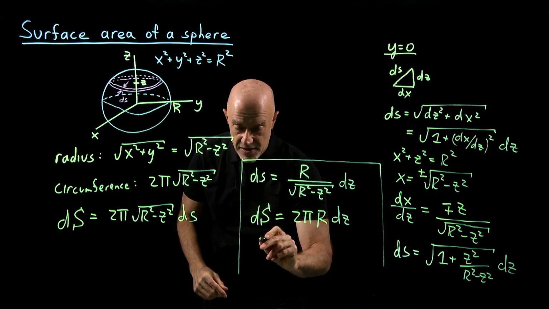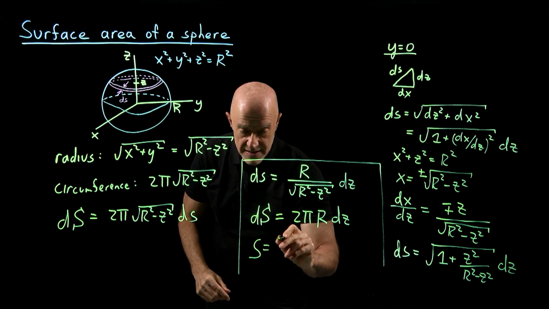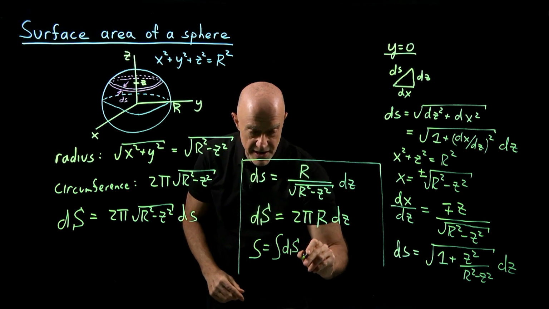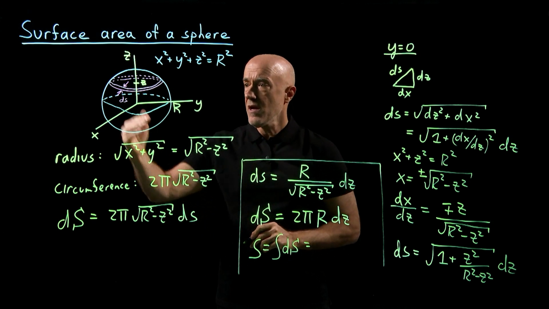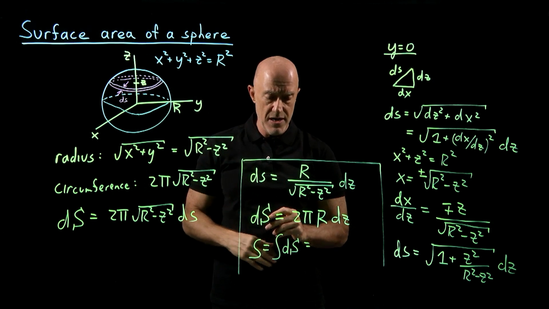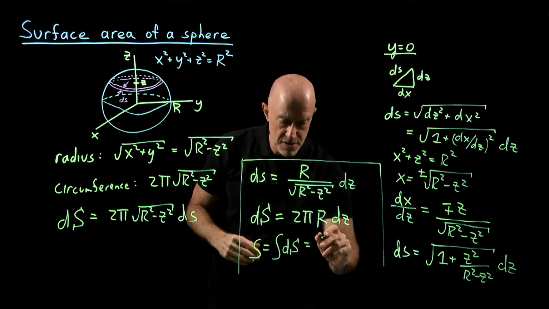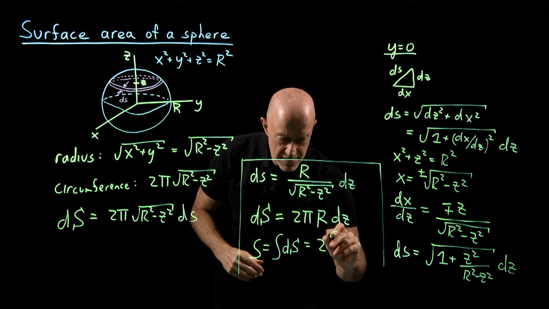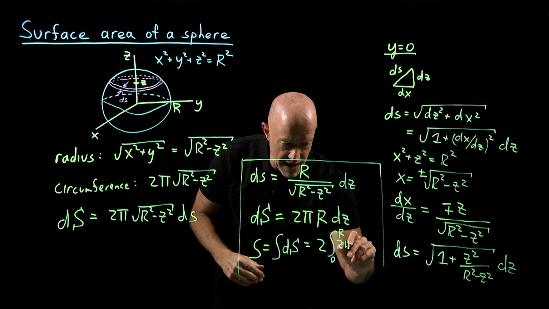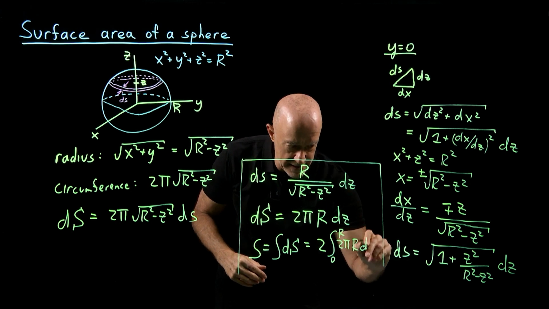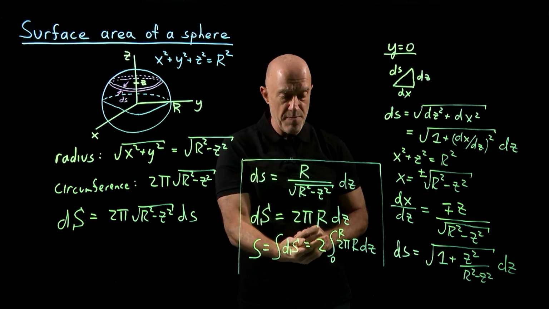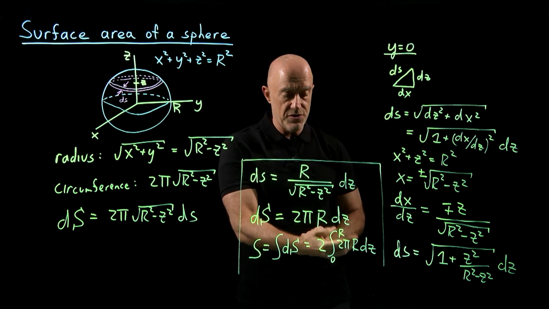So the surface area of the sphere is equal to the integral over the infinitesimal surface areas. We can integrate from z equals 0 to capital R and multiply by 2. So that becomes 2 times the integral from 0 to r of 2 pi r dz. So that becomes 4 pi r times the integral of dz.